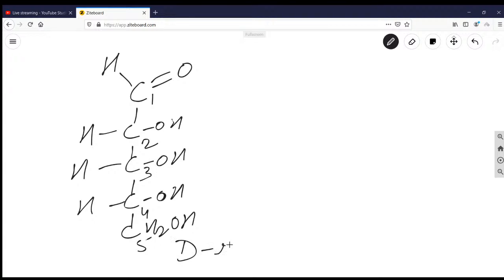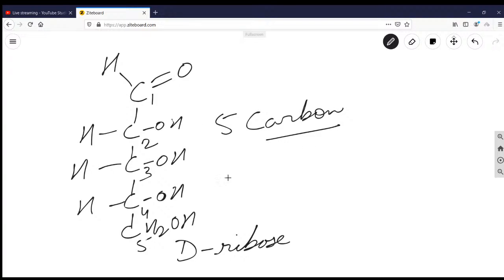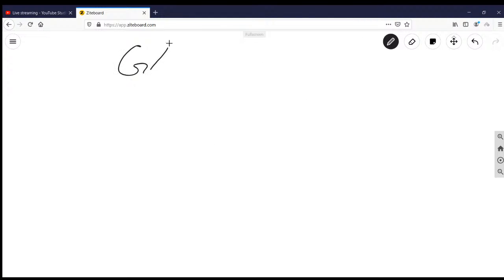This is your D-ribose, but the oxygen at the second carbon will not be present in deoxyribose. Ribose is the constituent of RNA and deoxyribose is in DNA. So this is your 5 carbon carbohydrate.